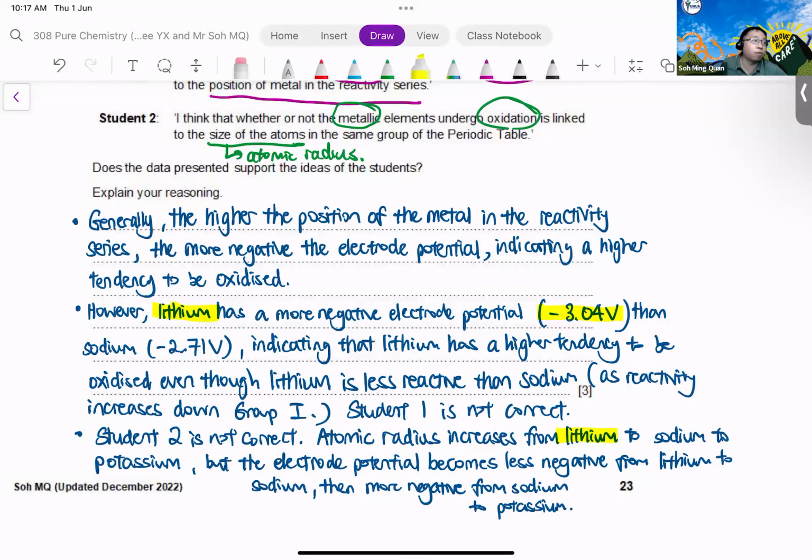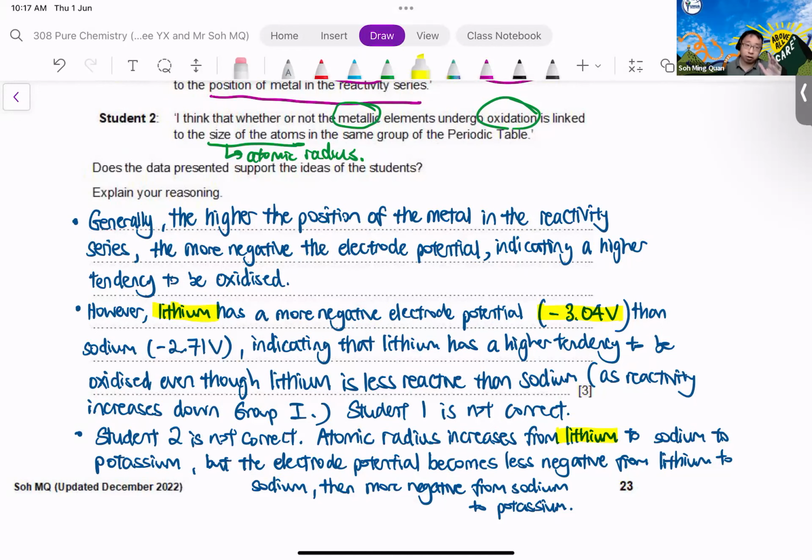That's how modern lithium-ion batteries can power many functions of your laptops and handphones. You can watch YouTube, stream videos because of the lithium-ion battery. It gives rise to a large enough EMF, and the EMF is because the electrode potential is this large in magnitude.